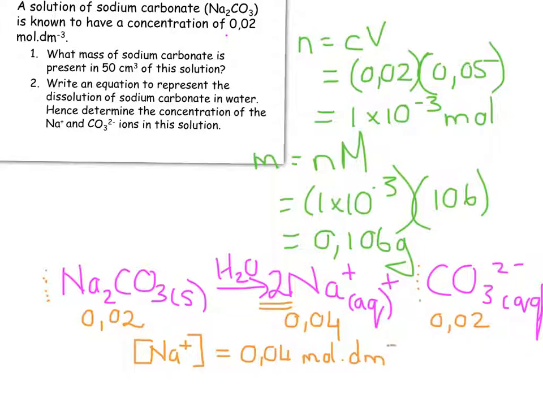And it was just ratios that got me to this. And when I'm looking at the carbonate, it's going to be a square bracket again, CO3 2 minus is equal to 0,02 moles per cubic decimeter.